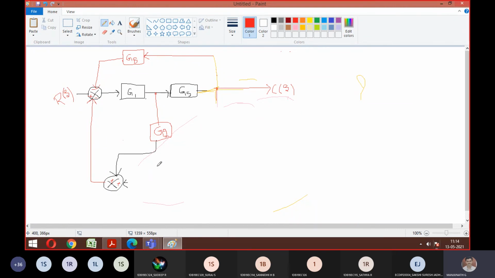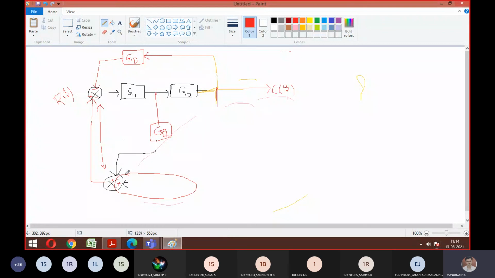Can we split this? Everyone, can we merge or split? Can we add this and this? I'm asking you people only. What can be done? Say this G2 is connected to one summing point. So now this elimination has happened, meaning this part has gone.